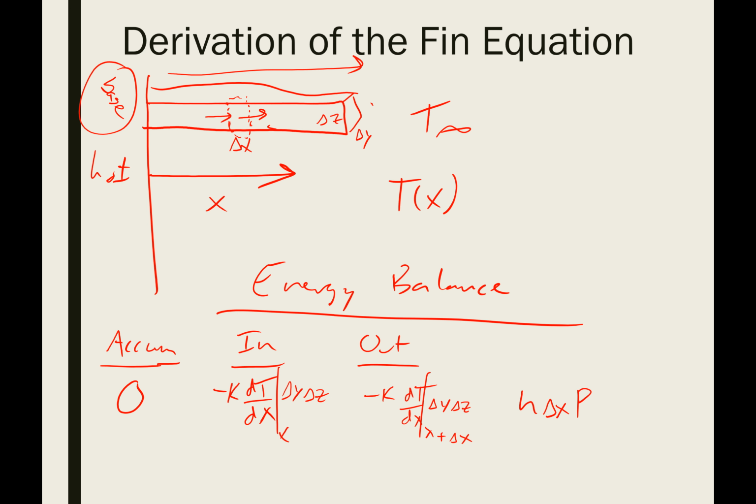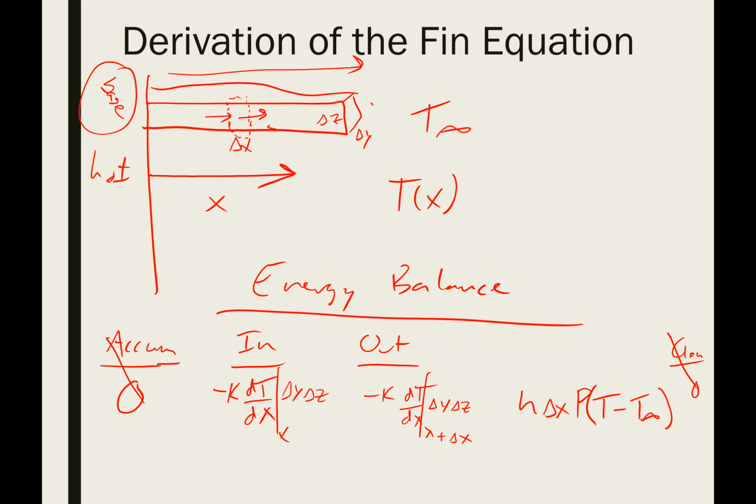In this case, you have the two sides of delta y and the two sides of delta z, so the perimeter would be 2 times (delta y plus delta z). Then we have the temperature of that little section minus T infinity. I erased the generation term, which is 0 because we're assuming no generation, so we don't have to worry about generation or accumulation.